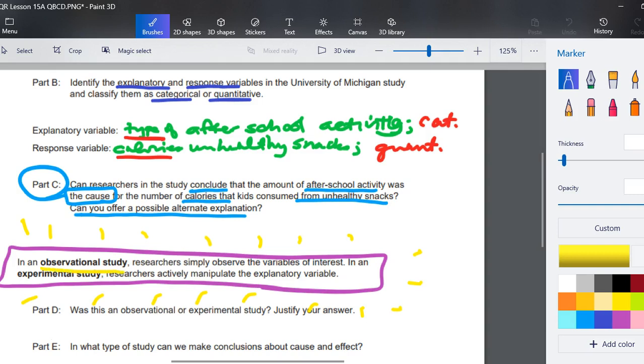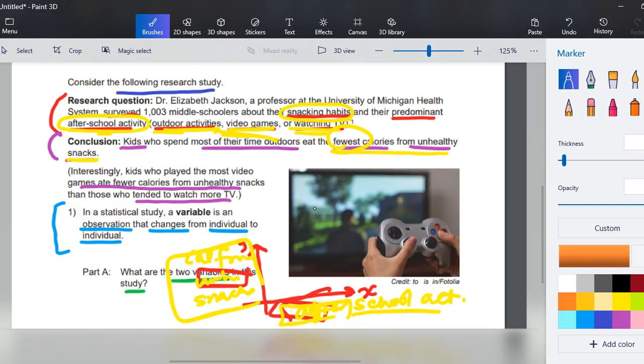In an observational study, researchers simply observe the variables of interest. However, in an experimental study, they are going to actively manipulate the explanatory variable. So back at our very first screen together in this lesson, right here it says that in this study, the professor surveyed.